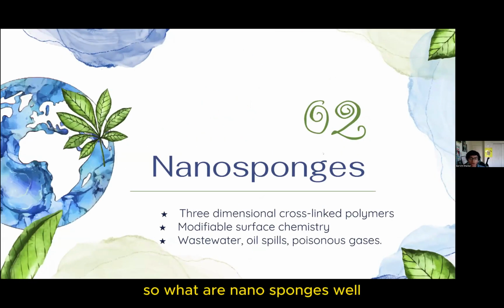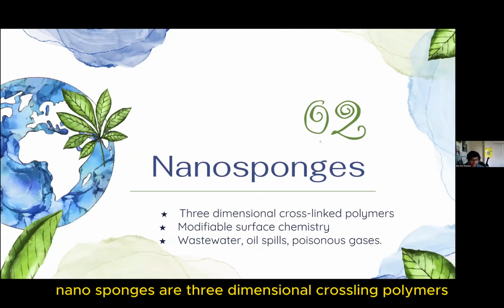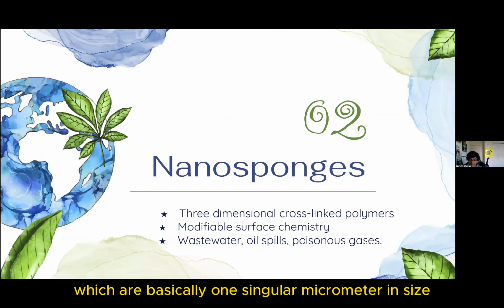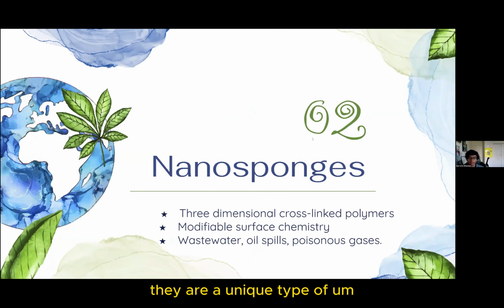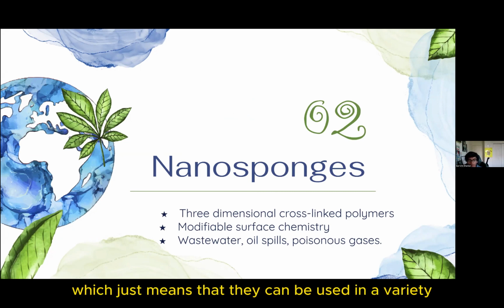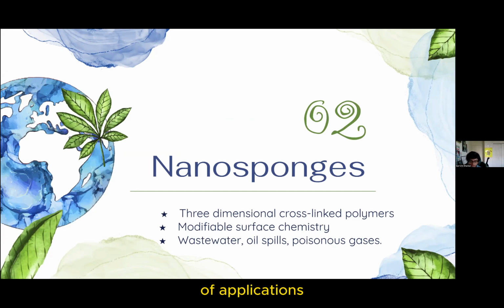So what are nanosponges? Well, nanosponges are three-dimensional cross-linked polymers, which are basically one singular micrometer in size. They are a unique type of nanotechnology that are known for their high surface area, as I've said before, and their modifiable surface chemistry, which just means that they can be used in a variety of applications.